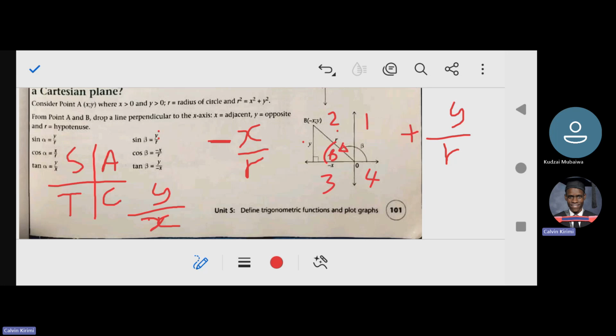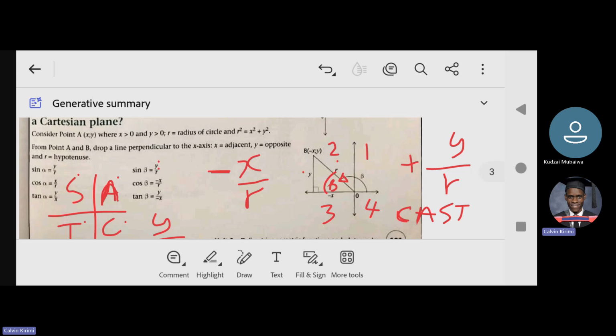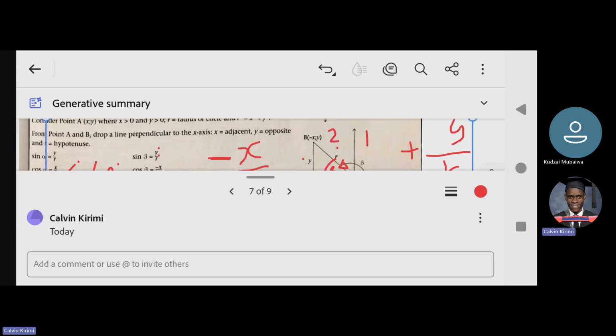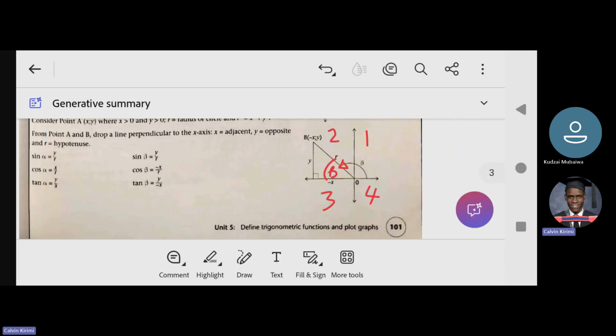That's why they call it the CAST diagram. Only cos positive here. All trig functions are positive. Only sine, only tan. Then your trig diagram is done. Any questions there?